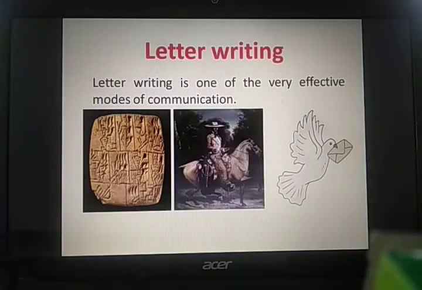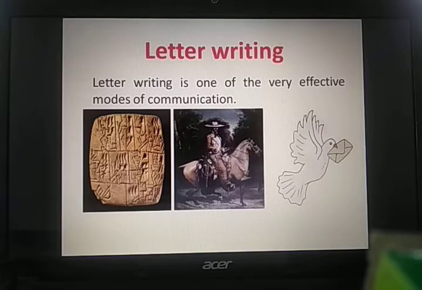Letter writing. What is letter writing? Letter writing is one of the very effective modes of communication. In the pictures you can see certain old ways or modes of communication. Earlier people used to inscribe on the rocks, and they used to leave their messages while inscribing on the rocks in picture 1.